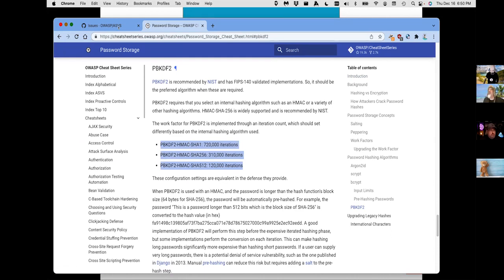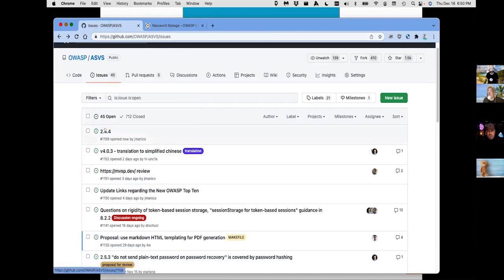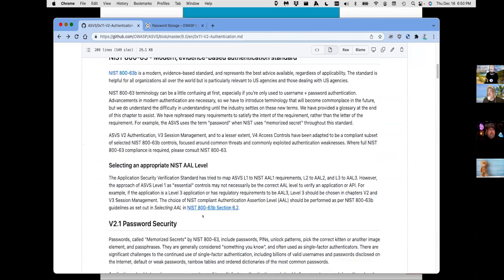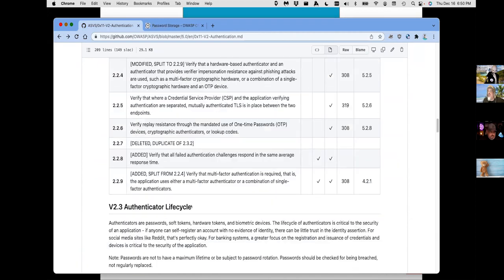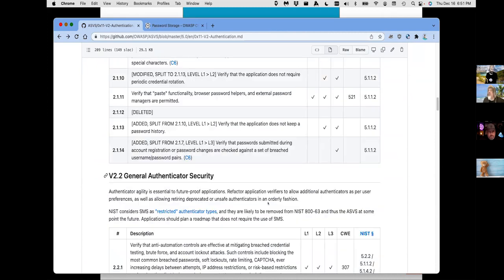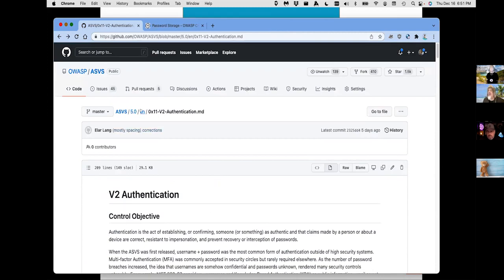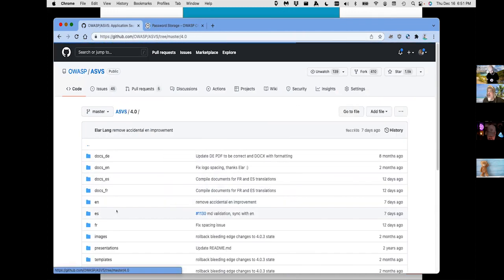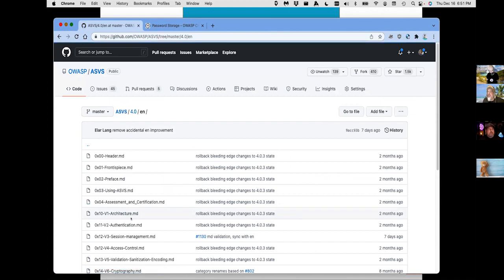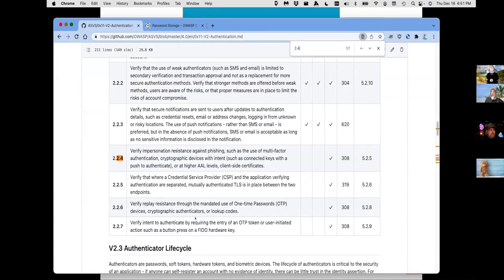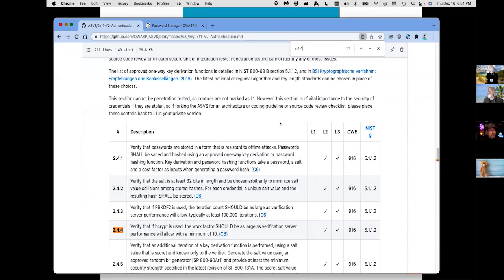Dana, go take a look at 2.4.4 though, in the 5.0 branch. If you look at 2.4.4 in the 5.0 branch, it says minimum of 10. There it is. Now, if you go back to ASVS 4.0 English authentication, and you go look at 2.4.4, it says 10 there as well.